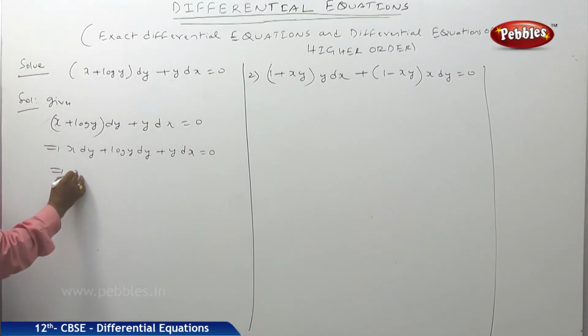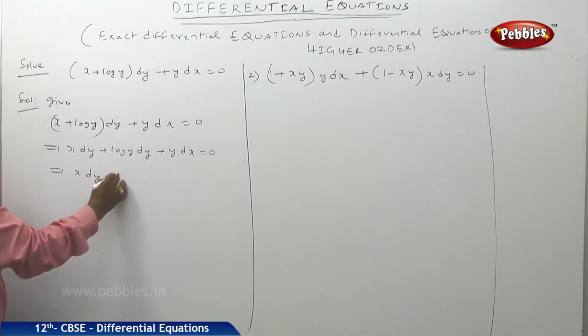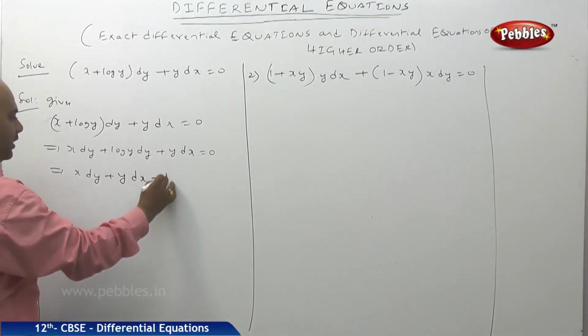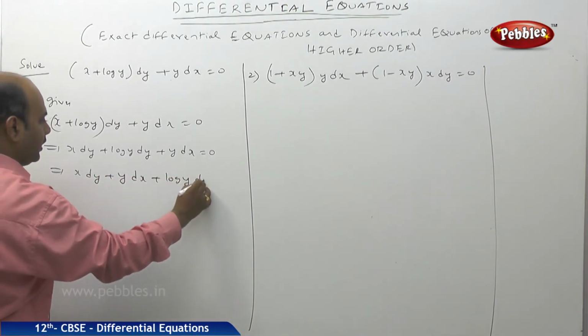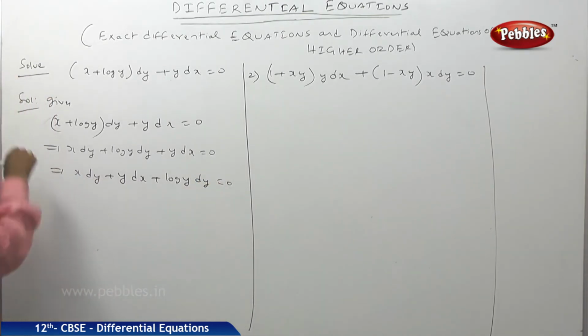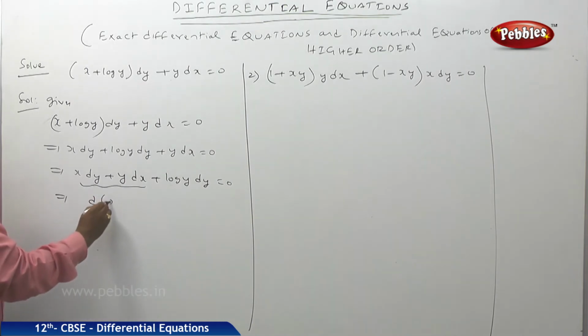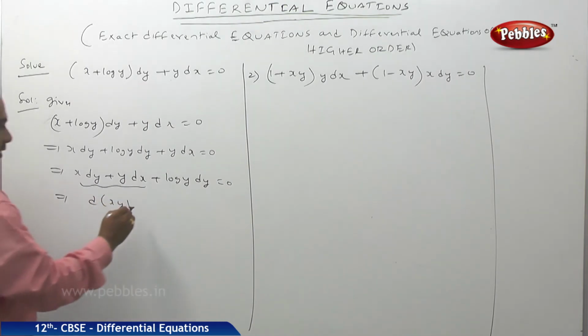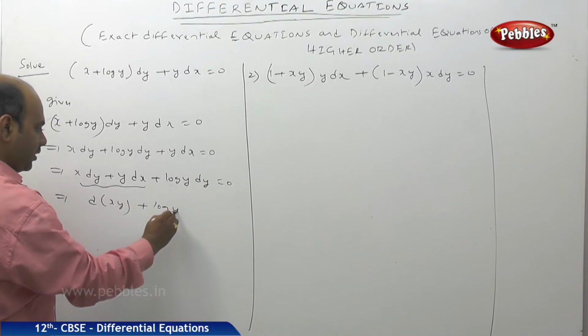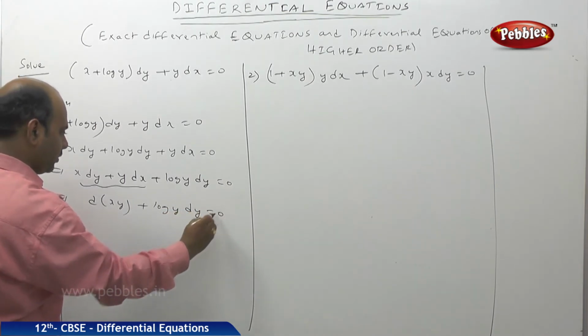Now I will write x dy plus y dx plus log y dy. So I think this whole thing I can write as d of xy, and here this is log y dy equal to 0.